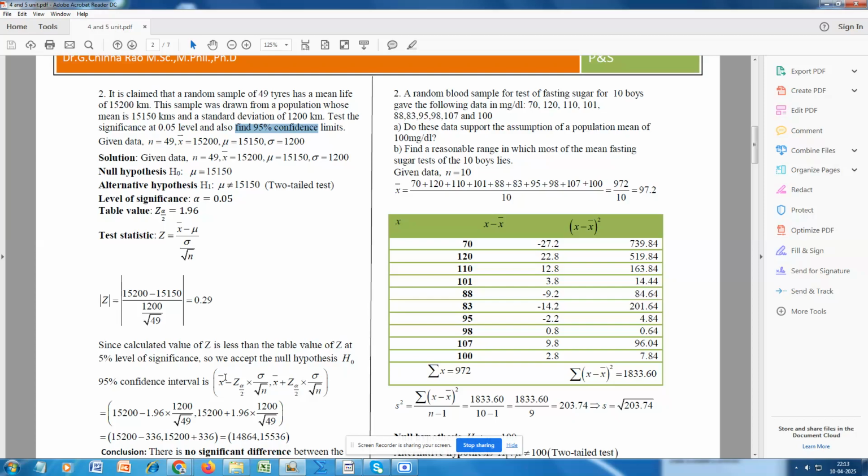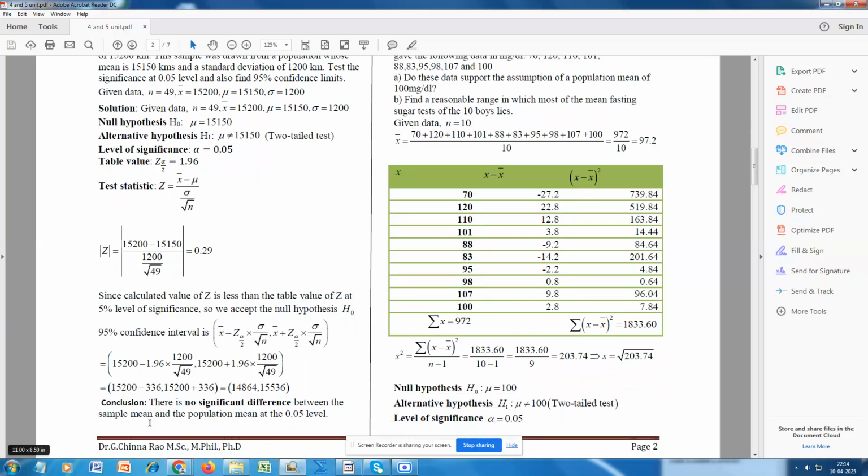Here sample mean is 15,200. Put here minus z alpha by 2 is 1.96 into sigma is 1200 by root 49, comma 15,200 plus 1.96 into 1200 by root 49. And we simplify.